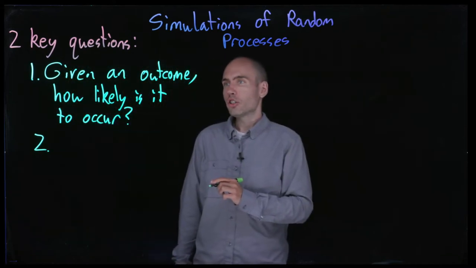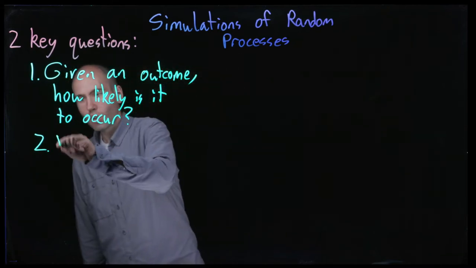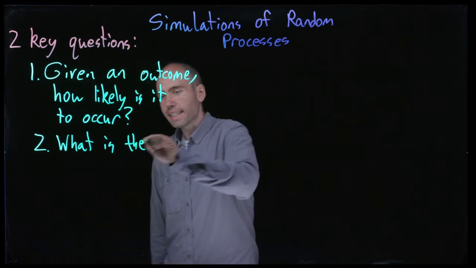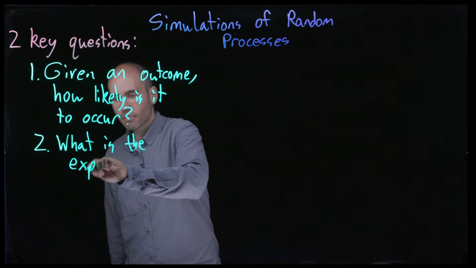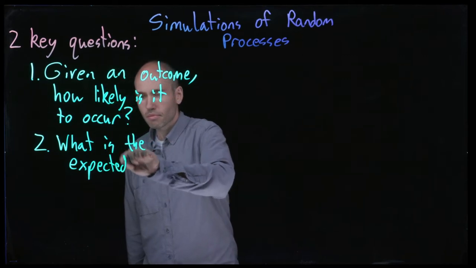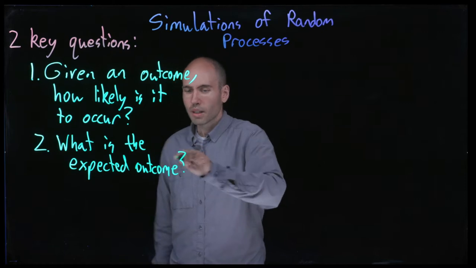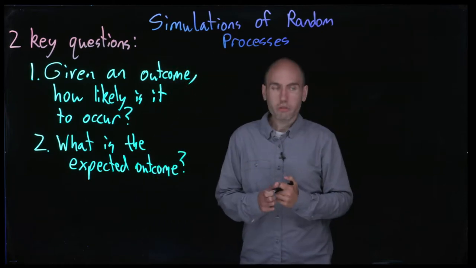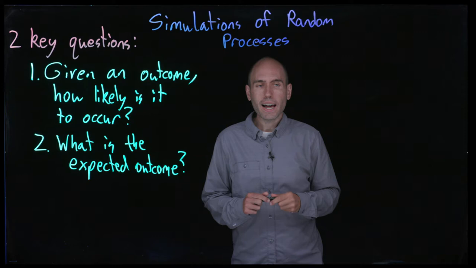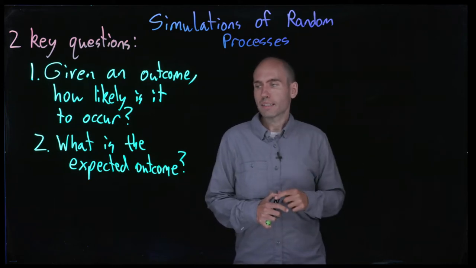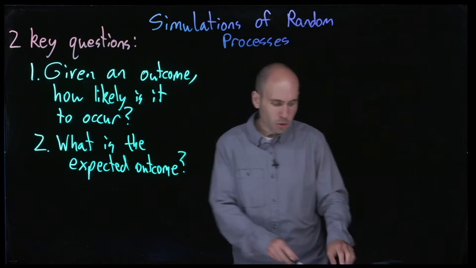And question 2, what is the expected outcome? For example, roll 3 dice, take the maximum value of those 3 rolls, and what is the expected value of that?